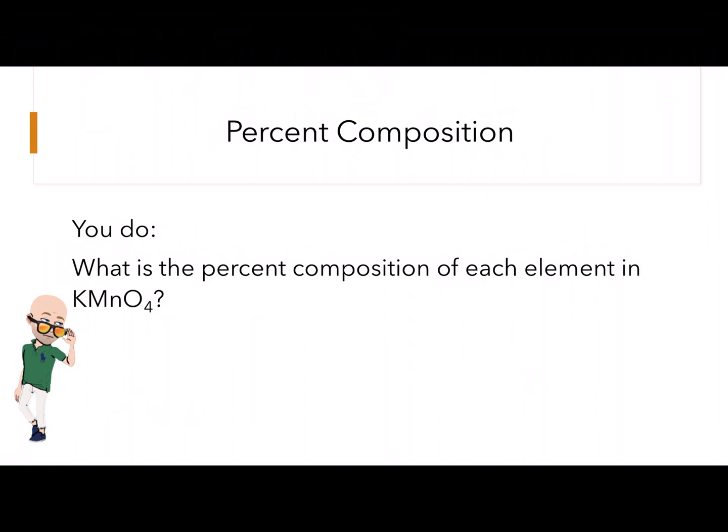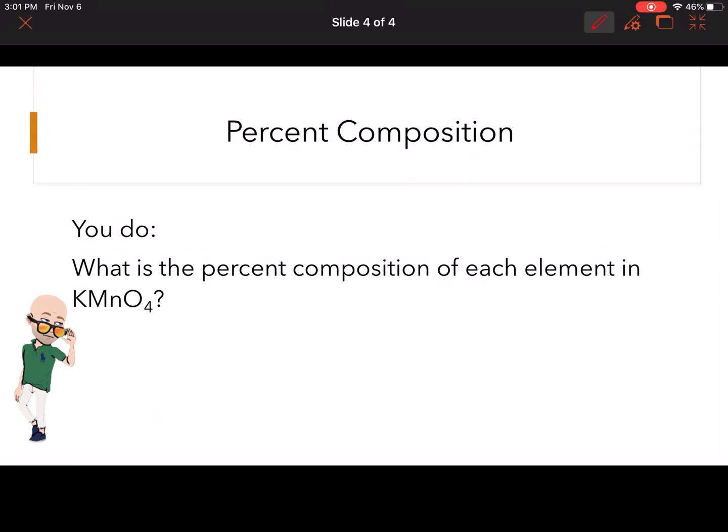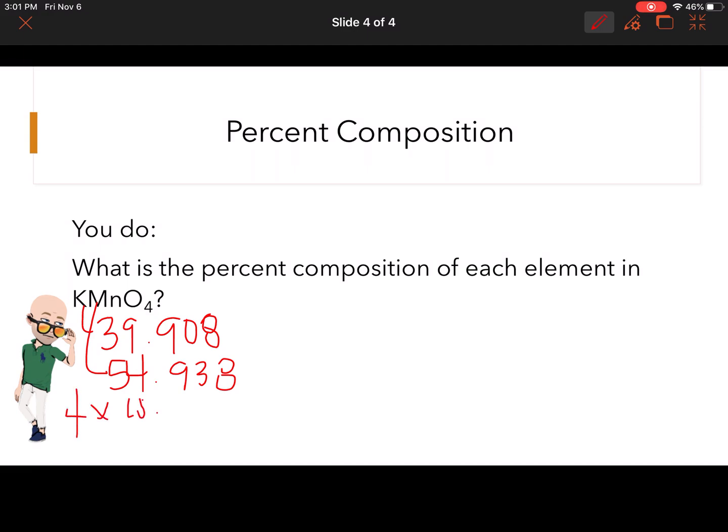So I know I've got 1 potassium at 39.098 grams per mole. I've got 1 manganese at 54.938 grams per mole. And I've got 4 oxygens at 15.999 grams per mole.